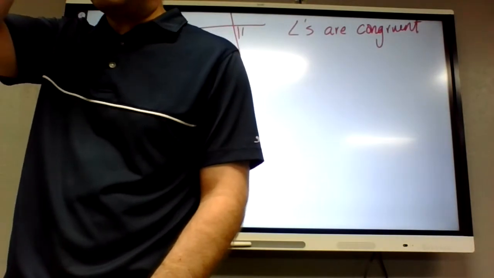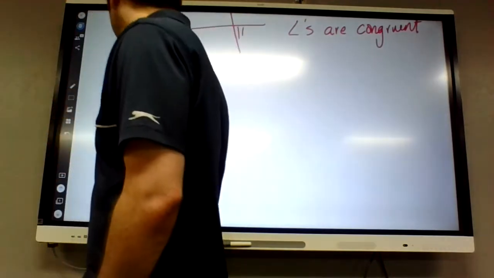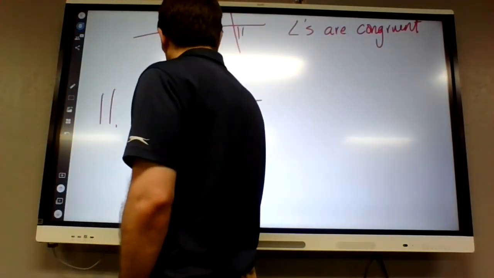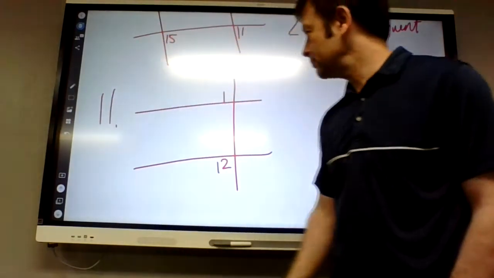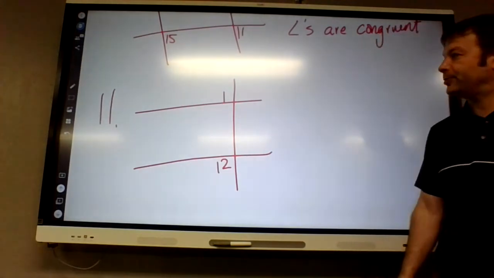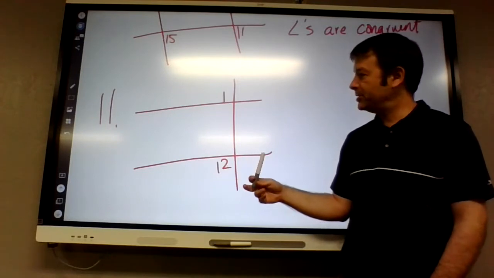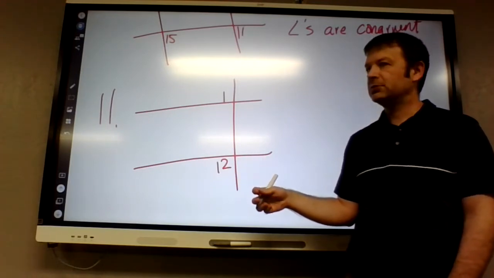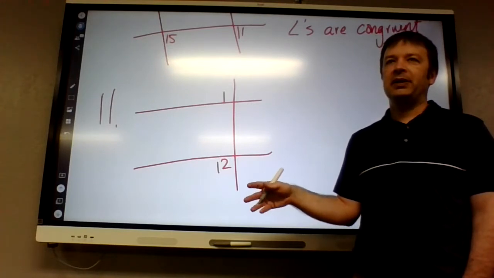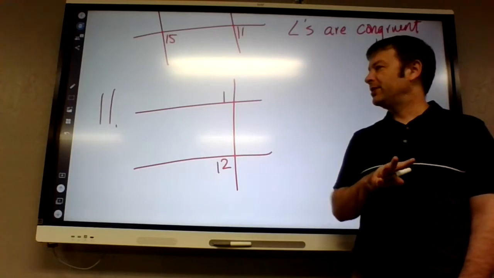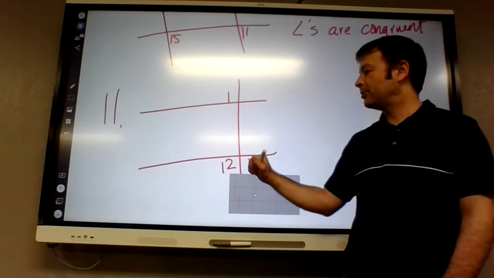1 and 12 are the same, so I'm just going to draw the lines for 1 and 12. There's 1, there's 12. My picture is not very accurate, it's not really the point. However, 1 and 12, are they corresponding, alternate interior, what are they? Alternate exterior? No, alternate would be like over here.